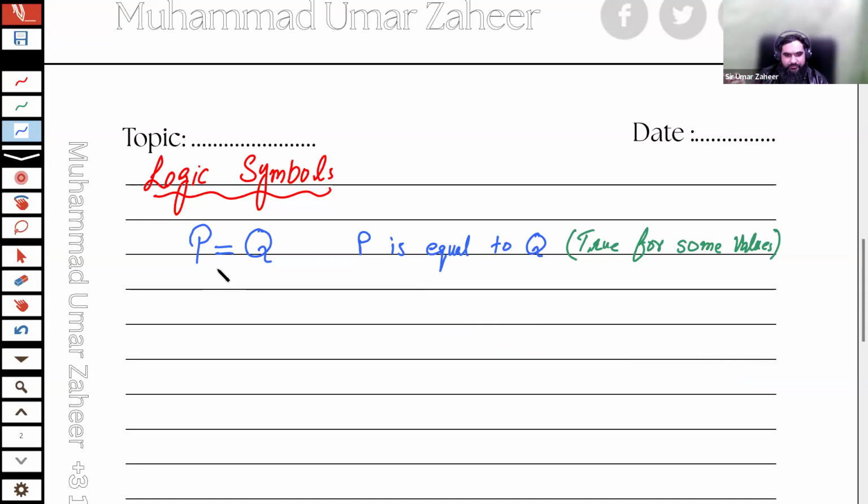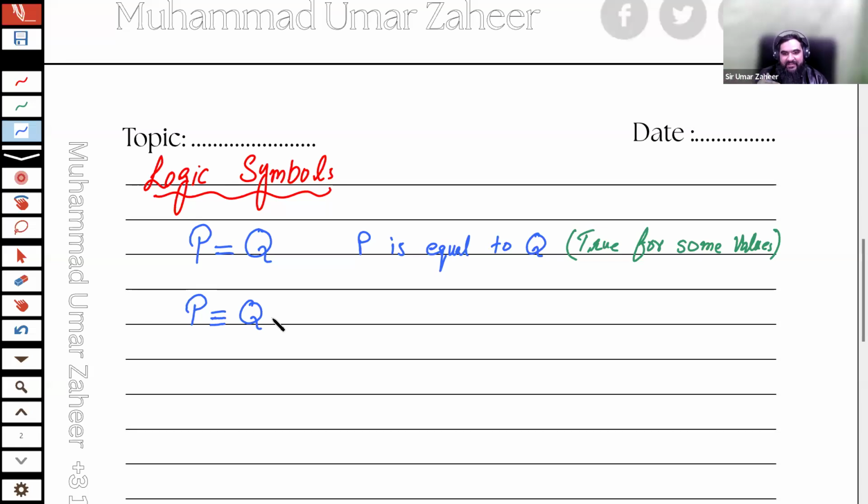Is it clear? Yes, sir. On the other hand, we have to use another sign that has three lines. When you have three lines, it's just a law.